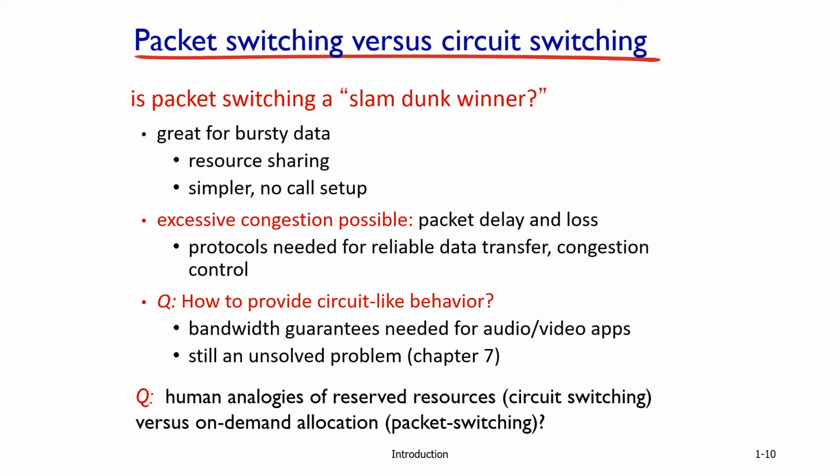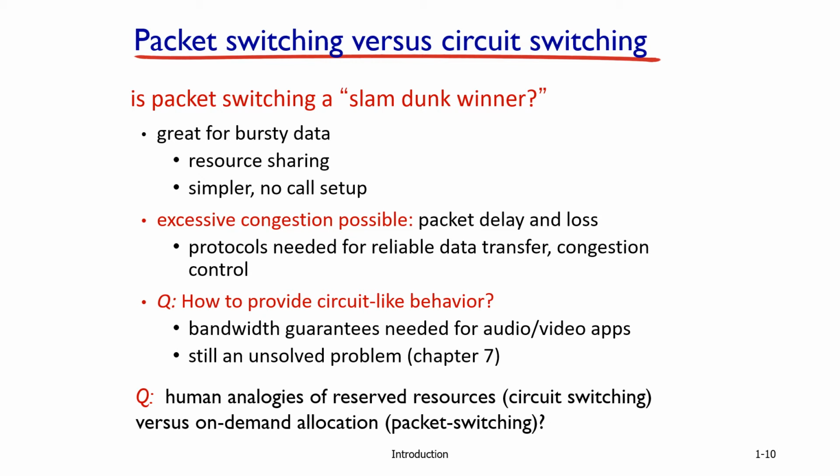Excessive congestion is a direct result of oversubscription. Oversubscription basically means that we have a 100 megabit per second link between two routers, but that is being shared by, let's say, 1000 users. Then the probability of use of each user goes up. And when the probability of use goes up, that means that people are competing for the same resource. This can result in packet delay and packet loss.